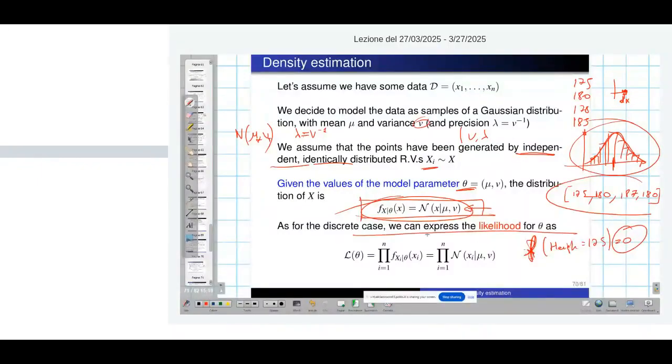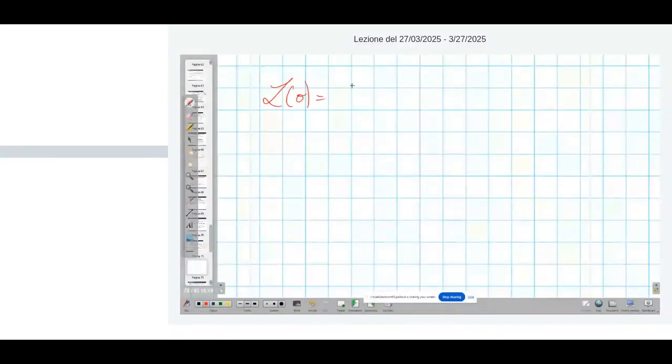As for discrete random variables, we can compute the likelihood, and in this case we define the likelihood as the value of the density. Again, the likelihood is the value of the density for the observed random variable given the model parameters. Now, these are not probabilities anymore.